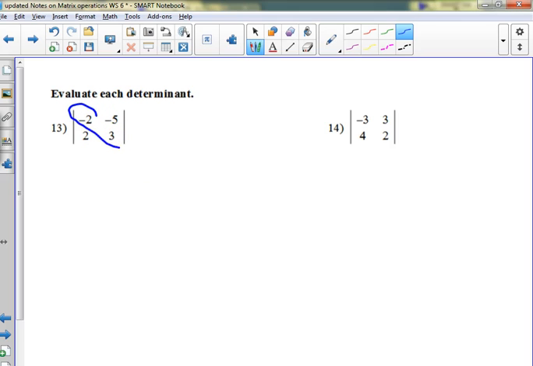All you do is find the product of this diagonal, and you subtract the product of this diagonal, which is 4, I think. Okay, so can you do this one?